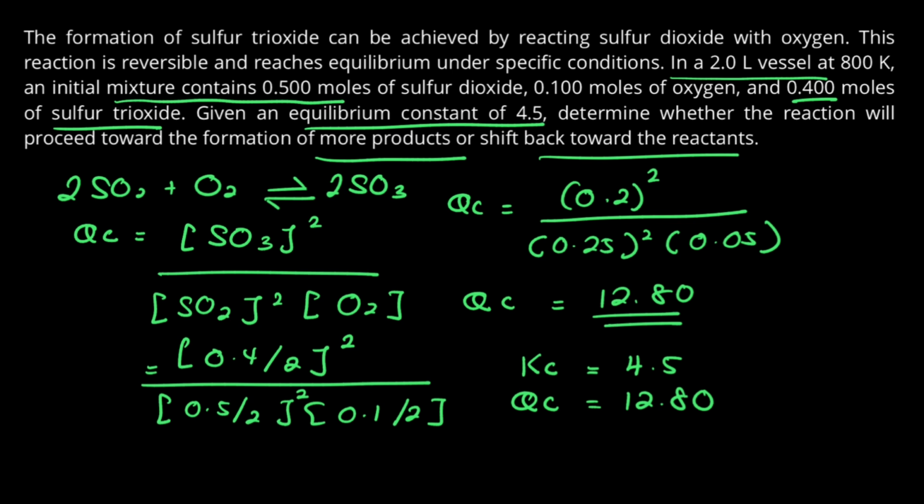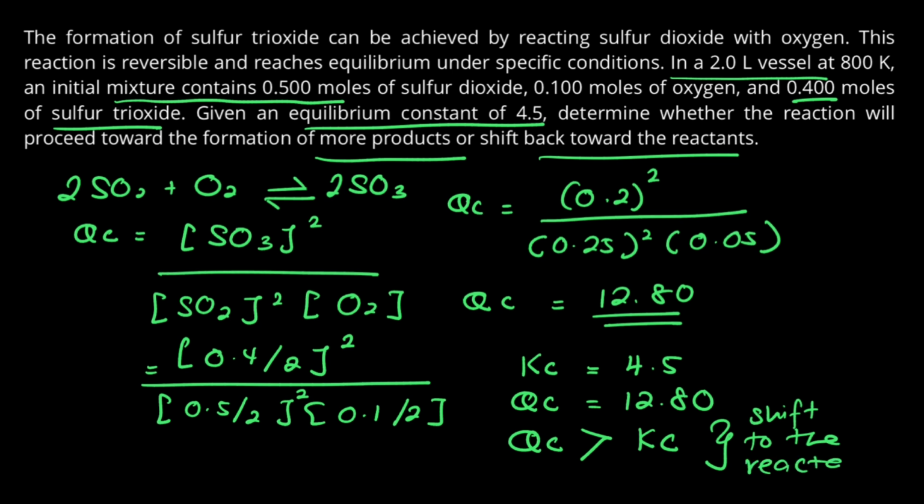Therefore, from here, we can say that your Qc is actually way bigger than your Kc. So it means that this will shift to the reactant. So it will move to the left. So this is the final answer for this question.